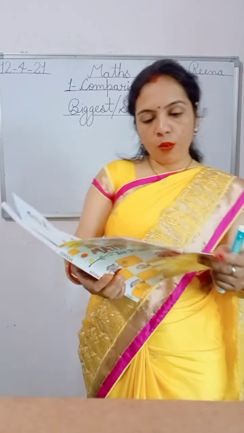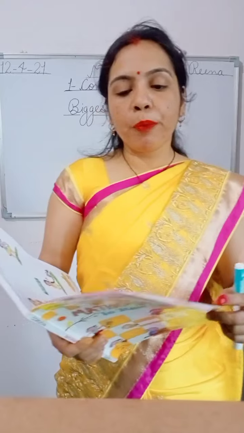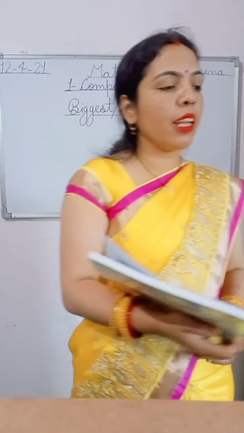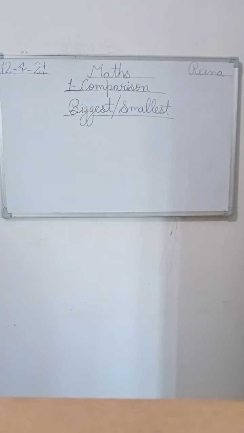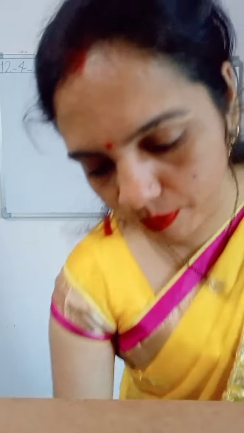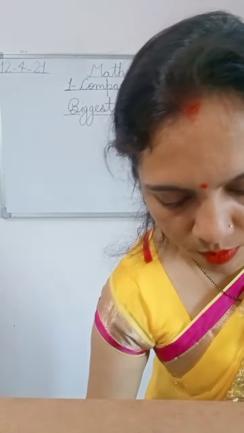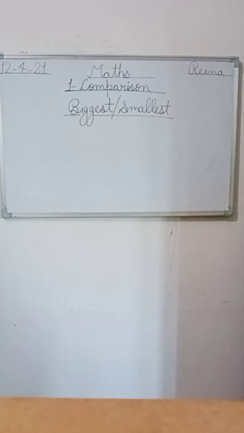Okay. Now for biggest and smallest, I have examples of some objects. Okay, like this. Yes, this is a box and this is an apple and this is a tomato.